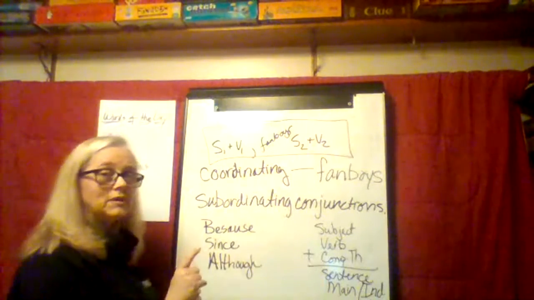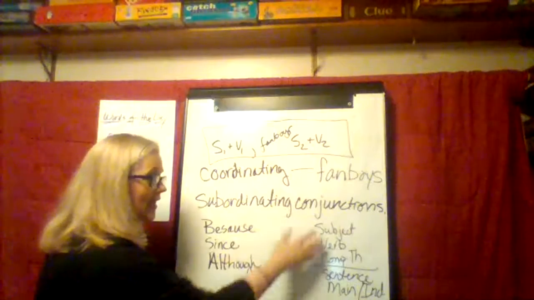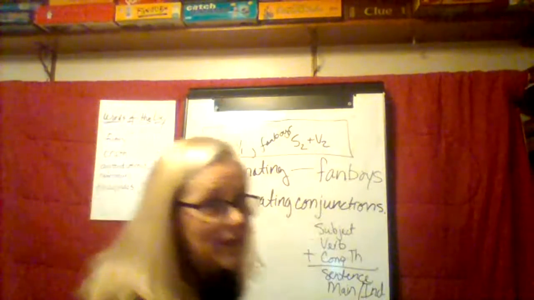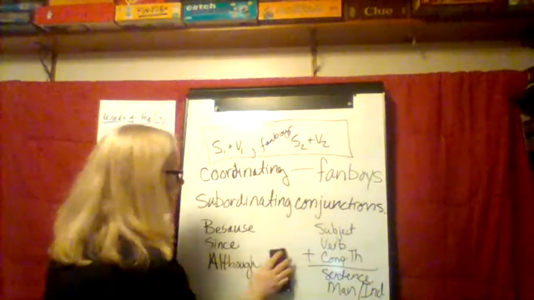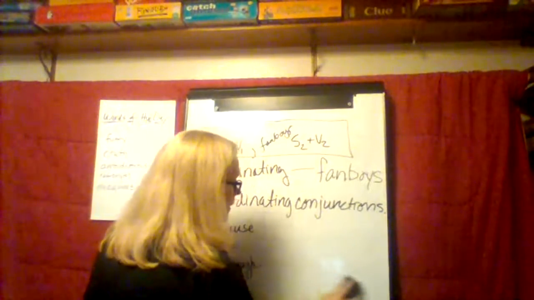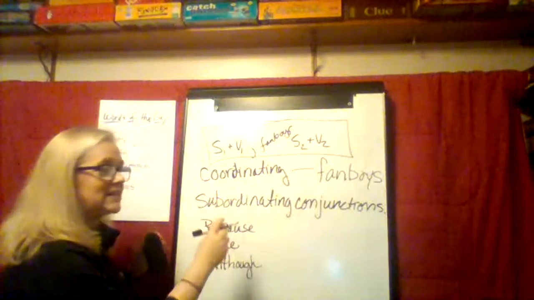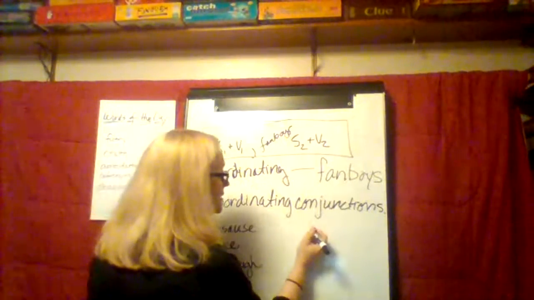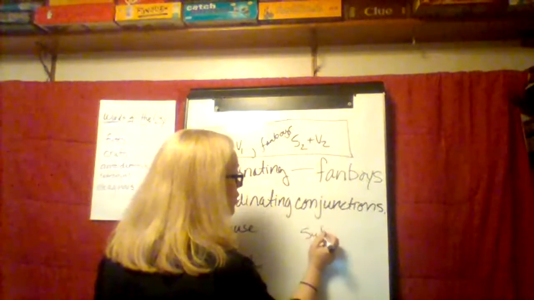But if I want to build a dependent clause, keep in mind these items. I'm going to erase it, but keep those in mind. A dependent clause has a subordinating conjunction.